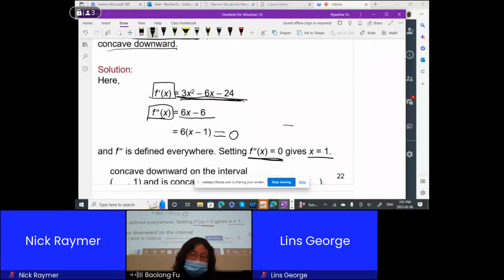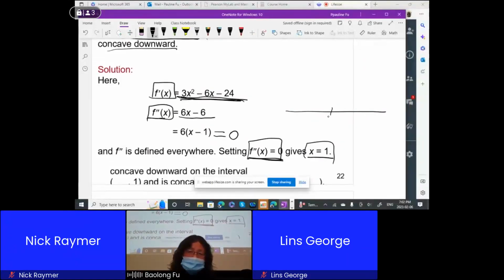We want to divide the real numbers into parts, into intervals. Where? Is it here, here, or here? Based on second derivative equal to 0, we get x equal to 1. Now we understand the intervals. We just get the number 1, and this number 1 divides the real numbers into two parts.